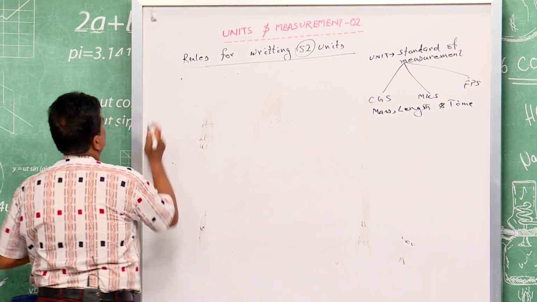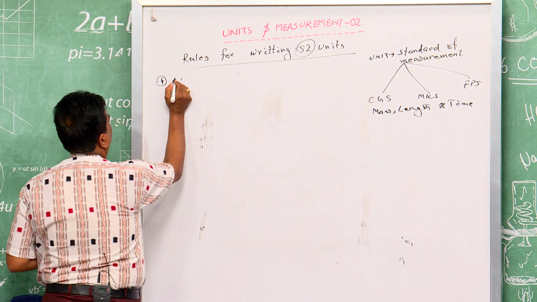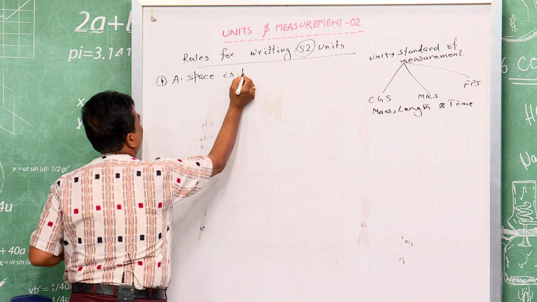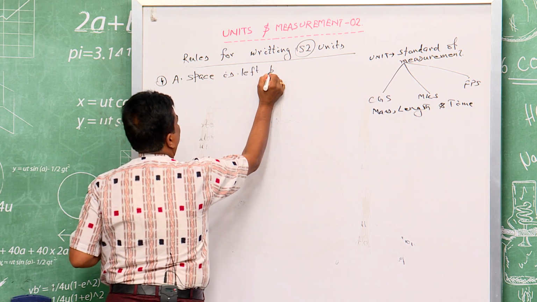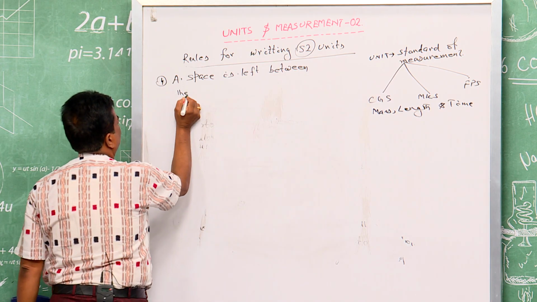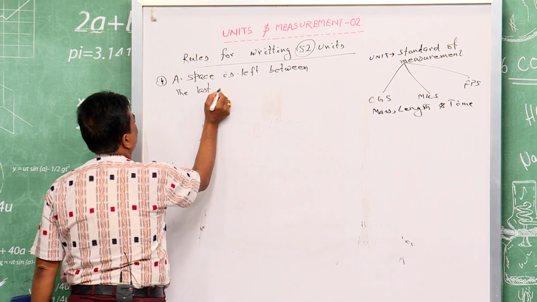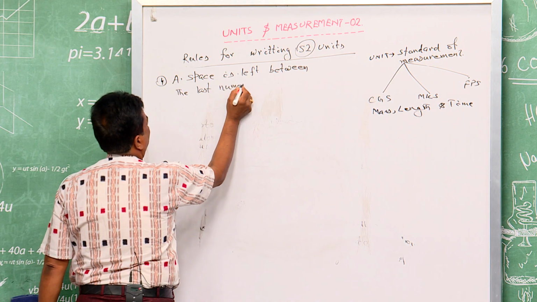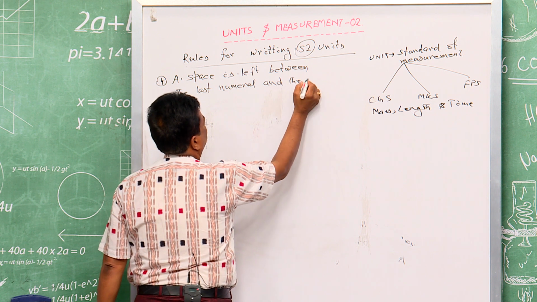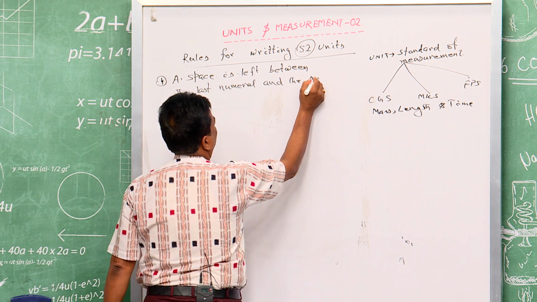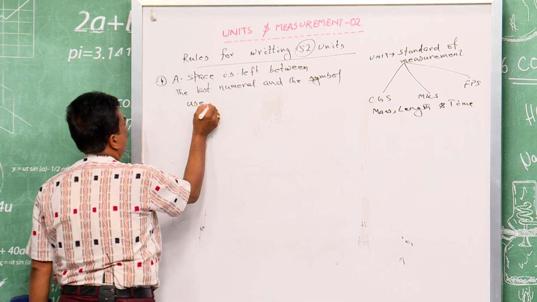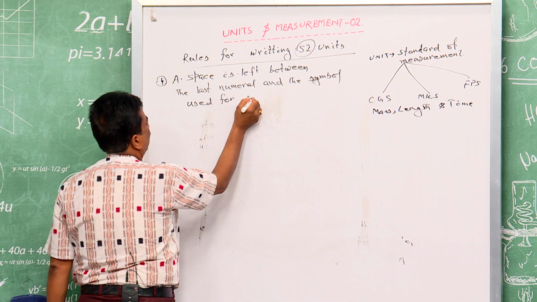The fourth point is a space is left between the last numeral and the symbol used for unit.